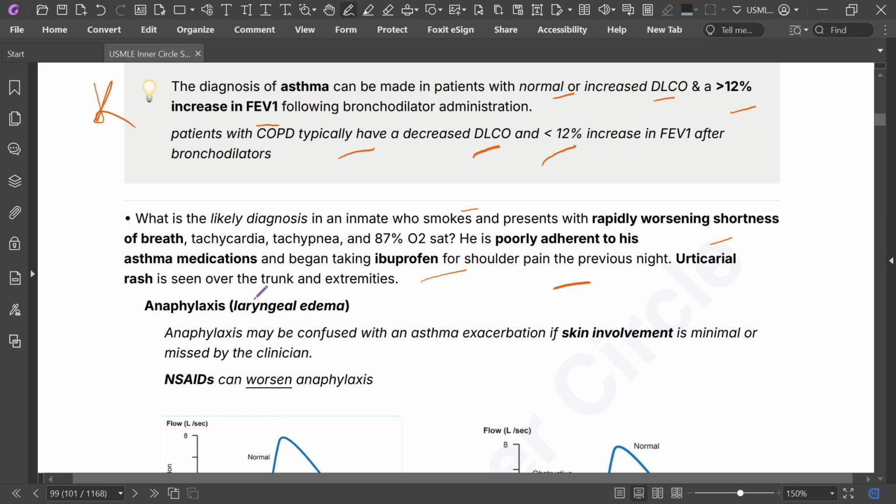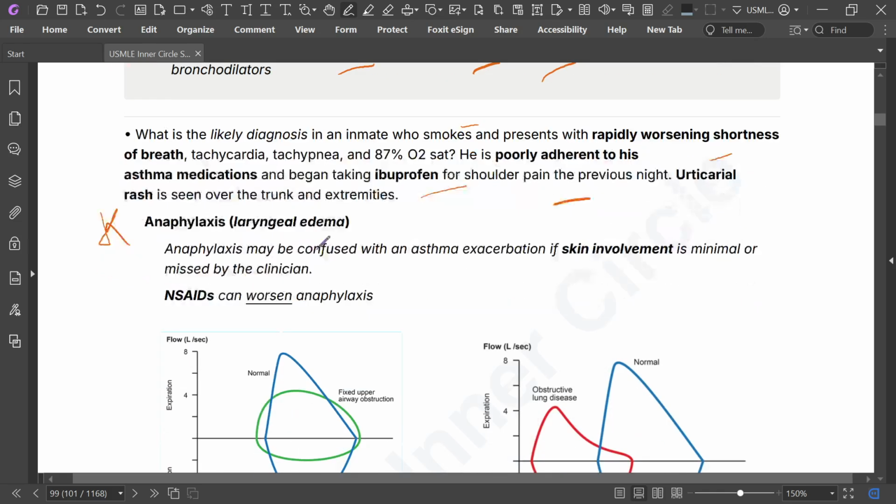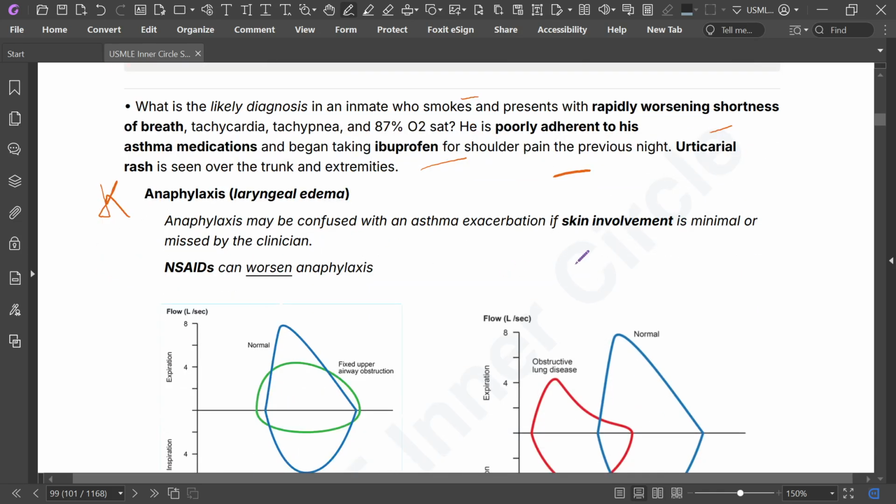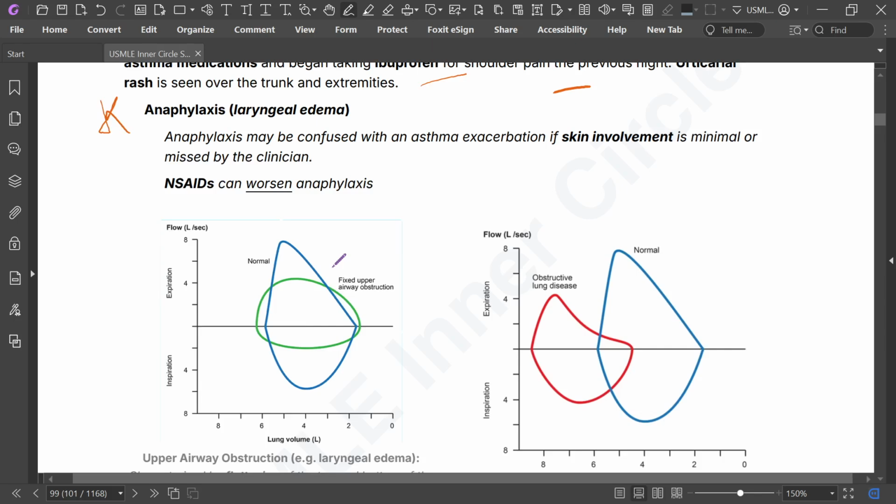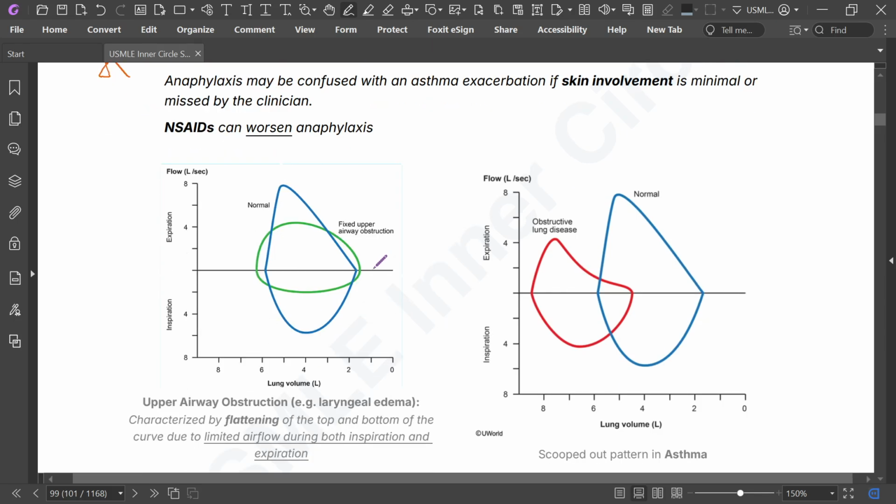An erythematous rash is seen over the trunk and the extremities. It's anaphylaxis, and it can cause laryngeal edema. Anaphylaxis may be confused with an asthma exacerbation if skin involvement is minimal or missed by the clinician. NSAIDs can worsen anaphylaxis.